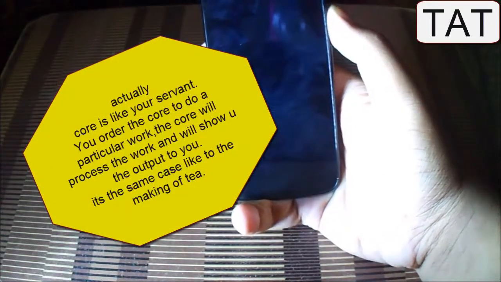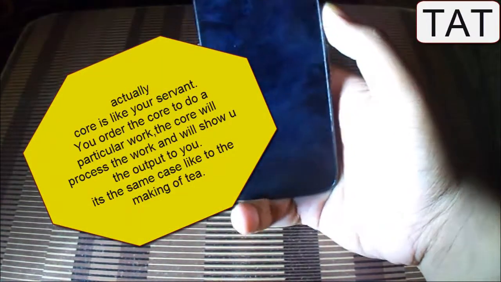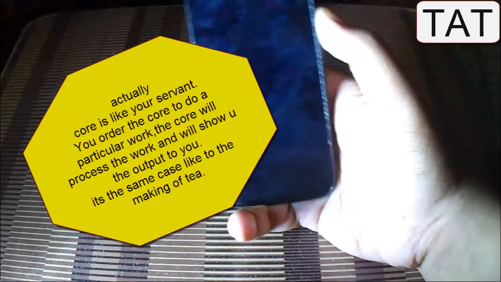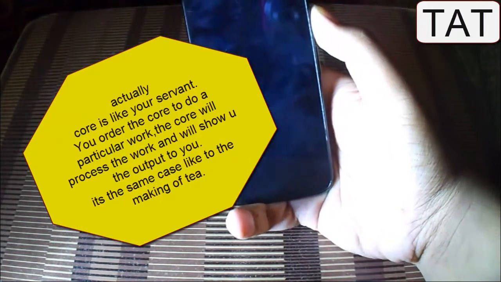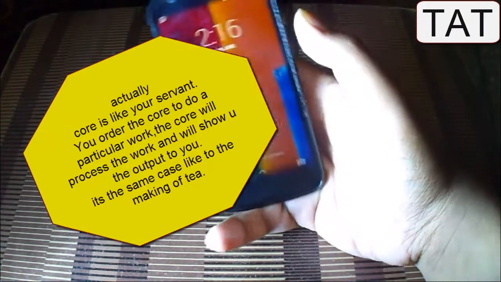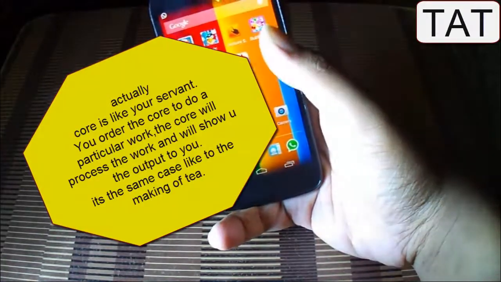It means you just have to tell it that you want to make tea. The processor will tell the core to make tea, and the core will make tea for you and show it to you. That is what the core is doing.